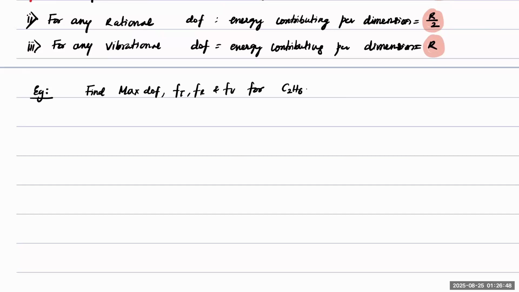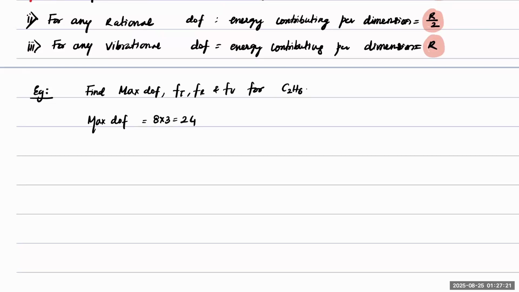Everybody try to figure out how much we should get for C2H6, ethane. What is the first thing we'll do? We'll figure out how many atoms are present in it. So 6 plus 2, 8. So what is the maximum DOF? Maximum DOF will be equal to 8 into 3, which is 24, correct?